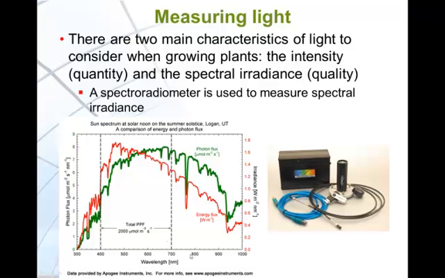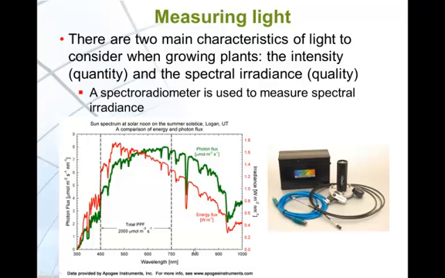If you look at a different range, for example 700 to 800, and sum up all the readings in micromoles per square meter per second per nanometer for that range, you get the photon flux of that range, in this case the far red range, 700 to 800.